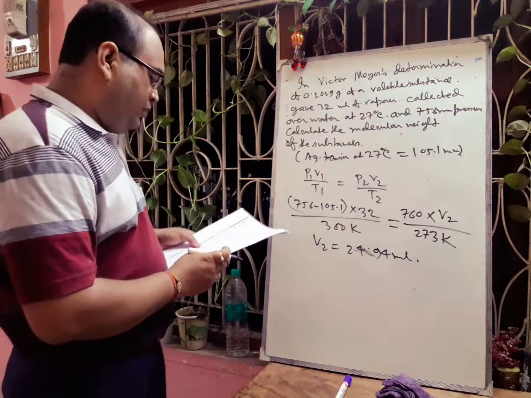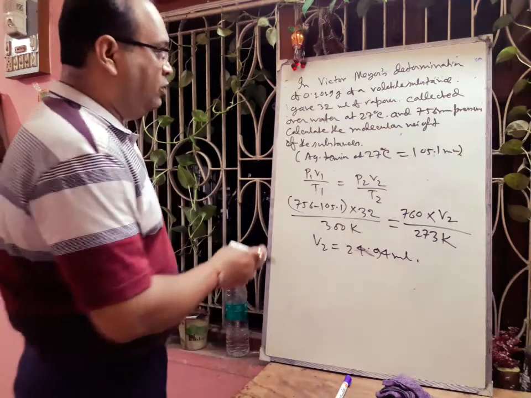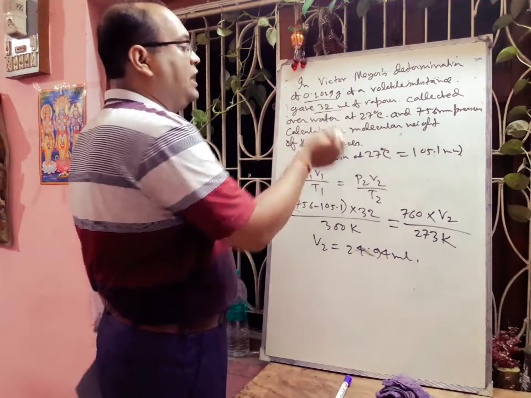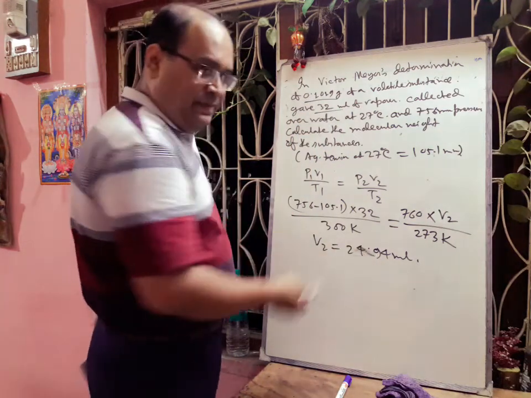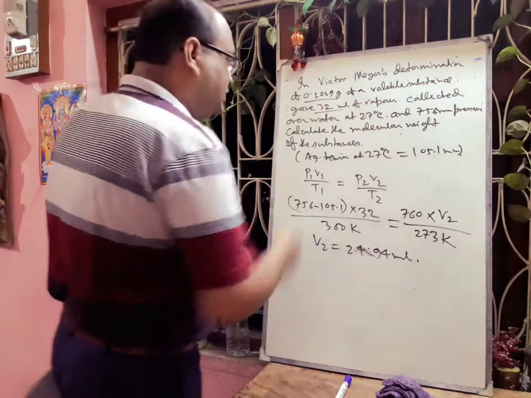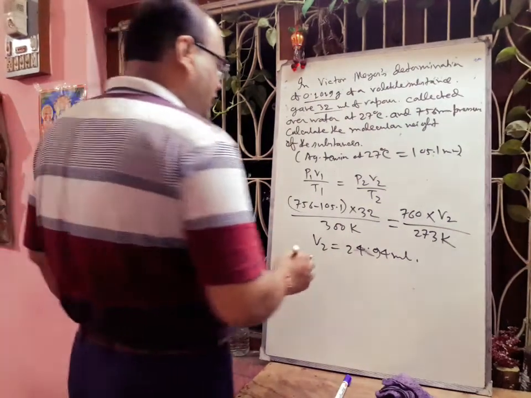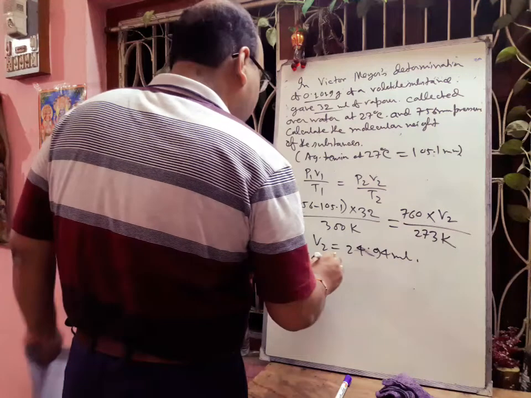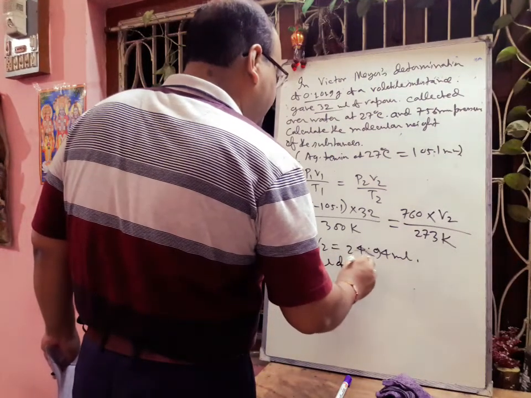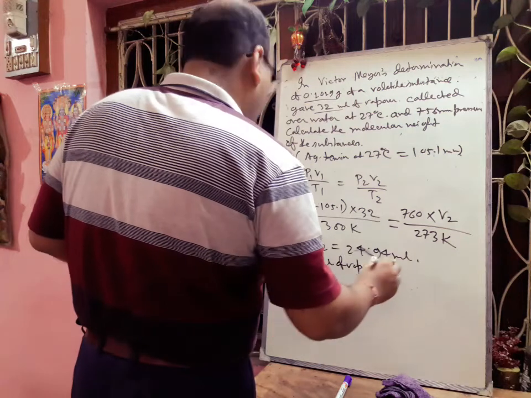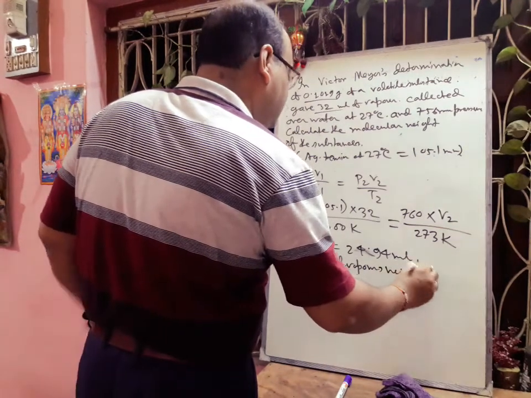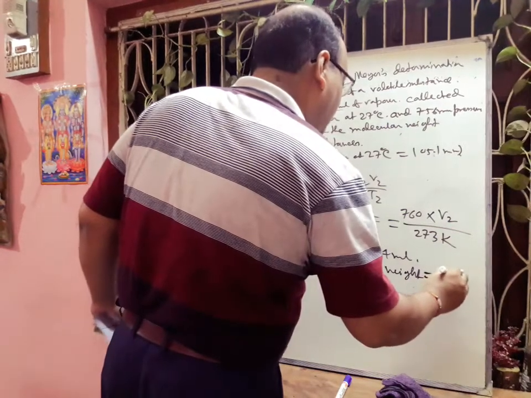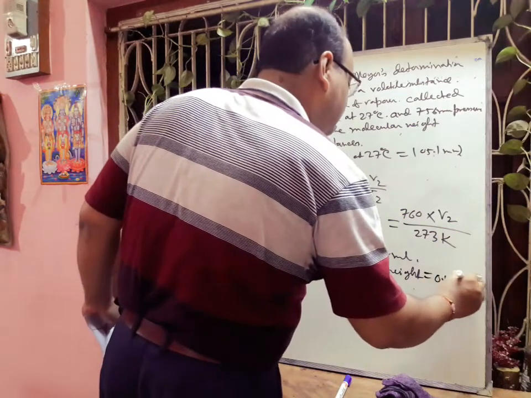Now here one weight is already given. We are converting the 32 ml of vapor volume into STP. Now its weight is 0.1019 gram. So 24.94 ml of vapors weight is equal to 0.1019 gram.